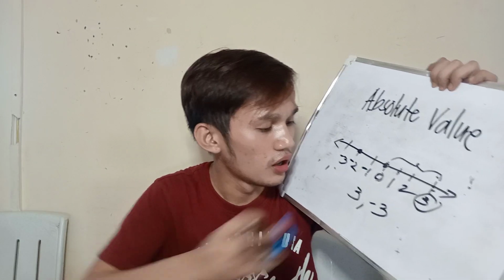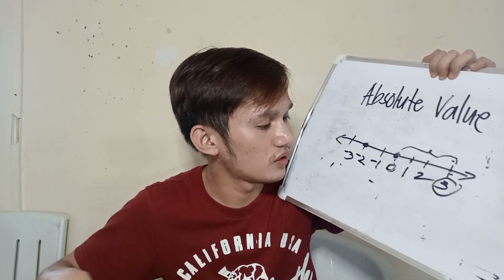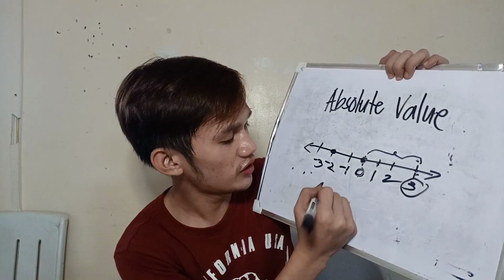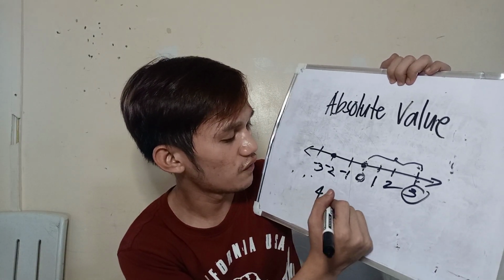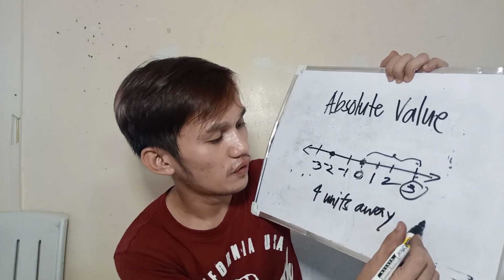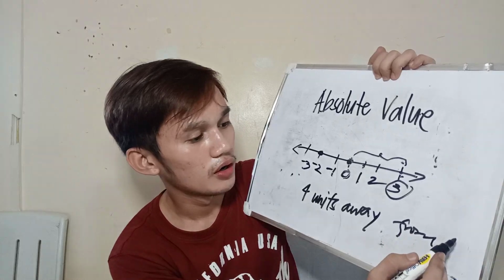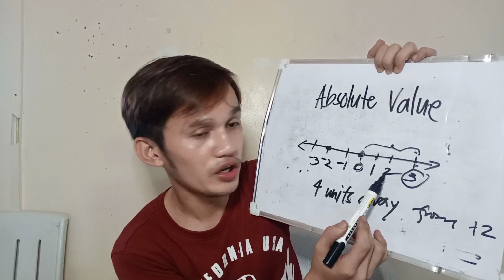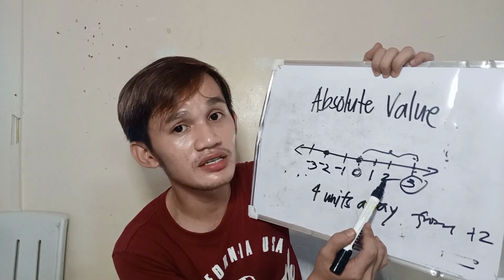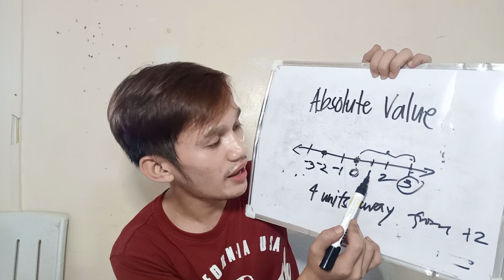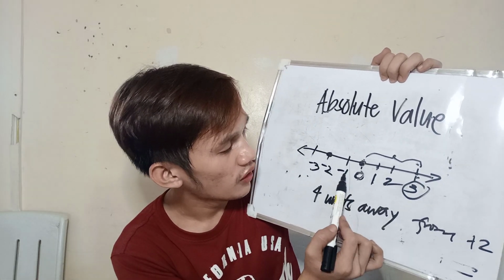Those are the numbers that are 3 units away from 0. How about numbers that are, let's say, 4 units away from positive 2? So from positive 2, you're going to count 4, going to the left: 1, 2, 3, and 4.